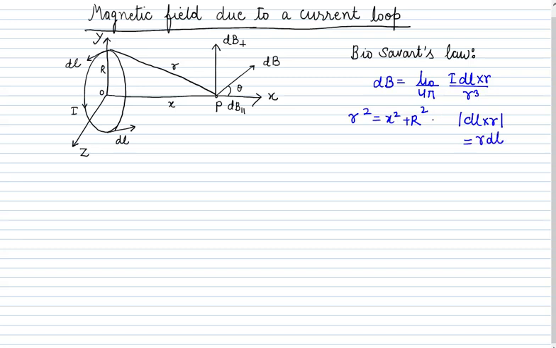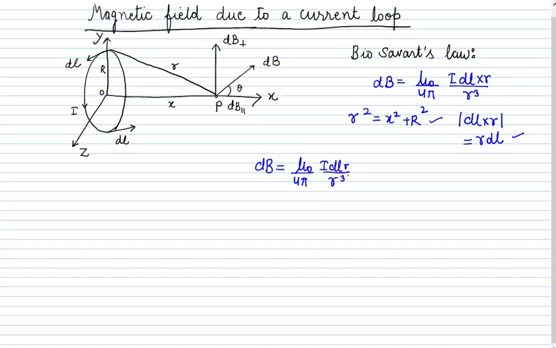So these two substitutions we can do into this Biot-Savart's law. Substituting these two quantities into the Biot-Savart's law, what do we get? We get dB is equal to mu naught upon 4 pi I dl r upon r cube.